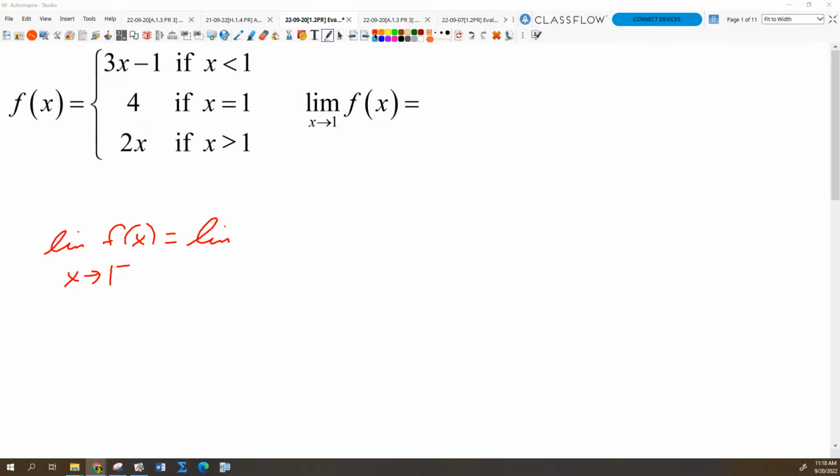So this is the part of the function that we're dealing with when we're approaching 1 from the left. So we're taking the limit of the expression 3x minus 1 as x approaches 1 from the left. And what is that limit? 2.